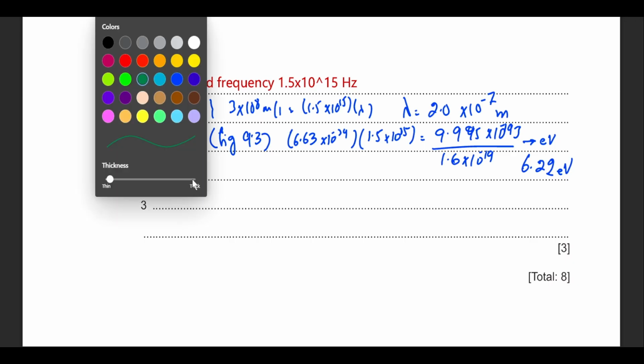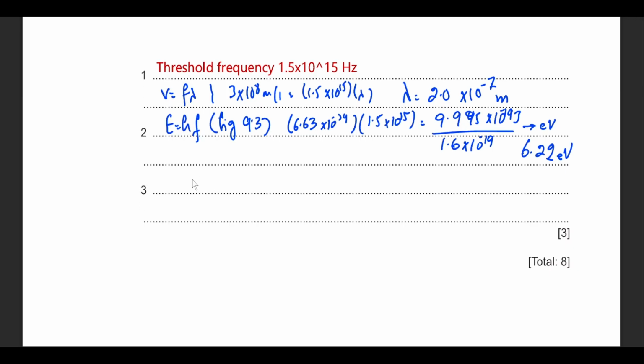So far we've made 3 points. Let's make a few more. Can we calculate the Planck's constant? Yes, we can. For Planck's constant, what we are supposed to do is hf must be equal to the work function, or the energy demanded from the work function, which is very simple.